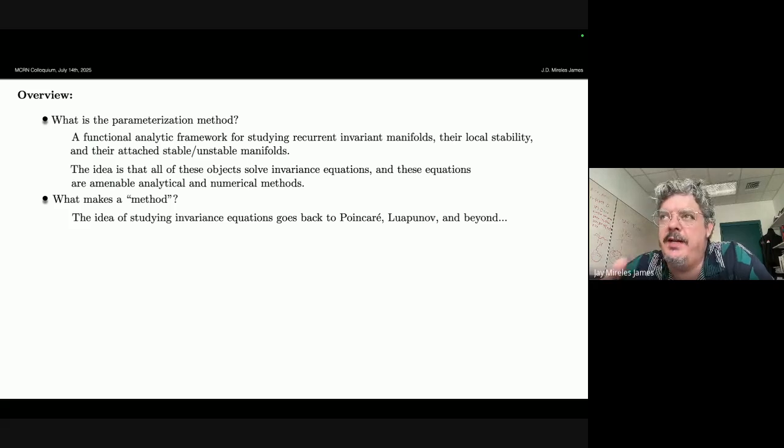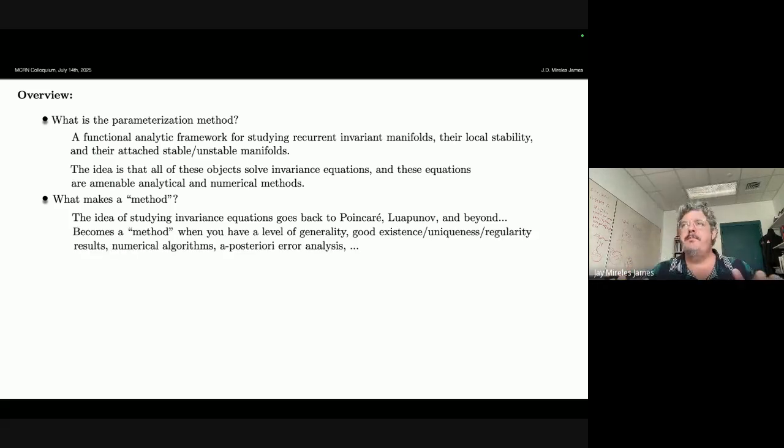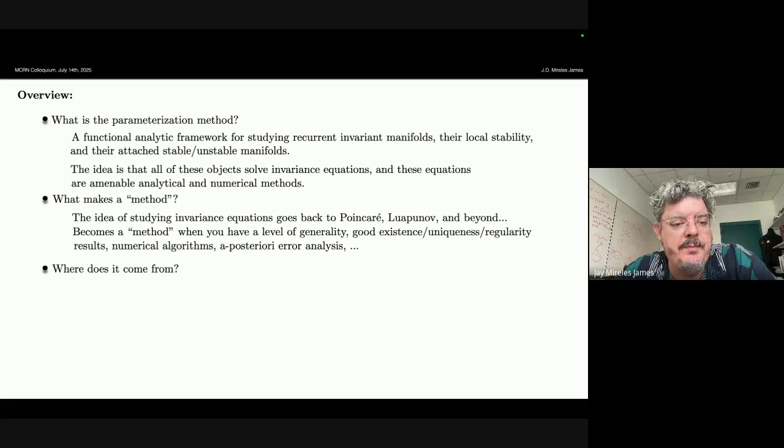I think a collection of ideas starts to become a method when you have many different problems that you can bring under the same umbrella, and you start to have existence and uniqueness theory for these different classes of problems, good numerical algorithms that cover lots of different problems, a posteriori theory and things like this. When a collection of methods stops being a bunch of isolated islands and congeals together into more like a continent, then maybe the word method starts to be appropriate.